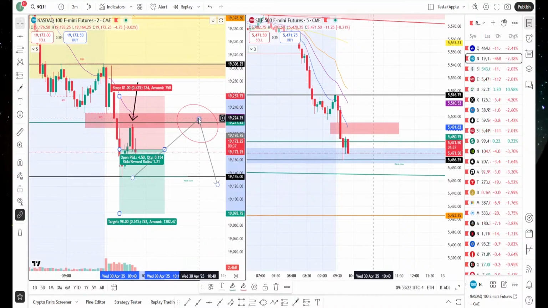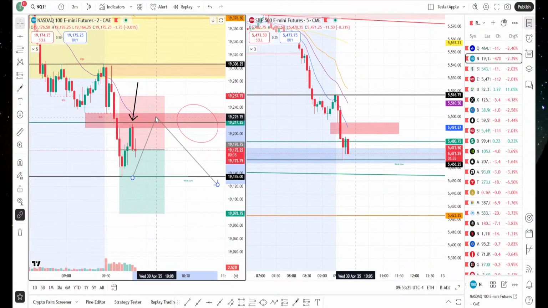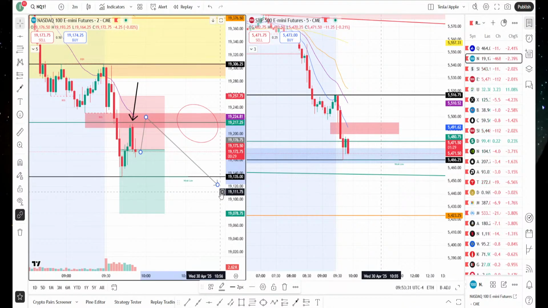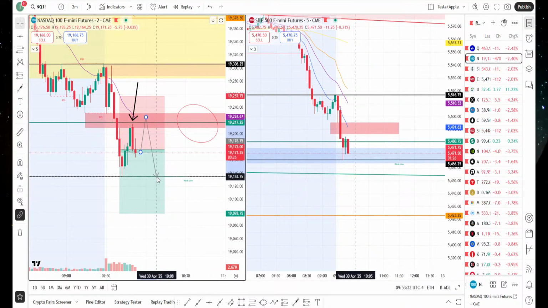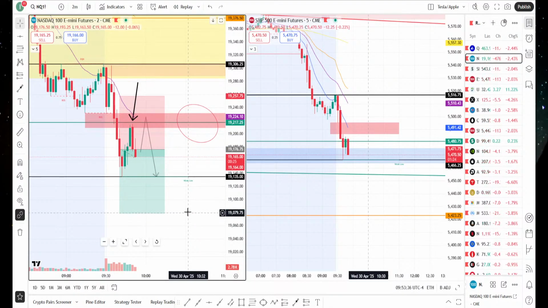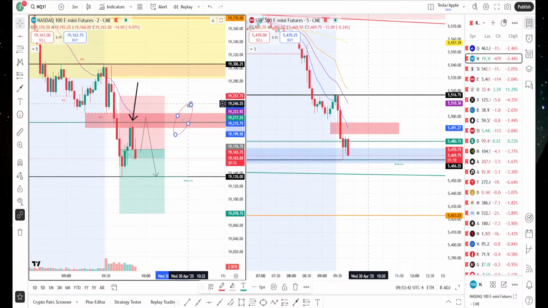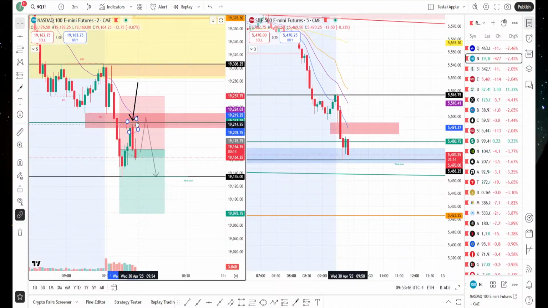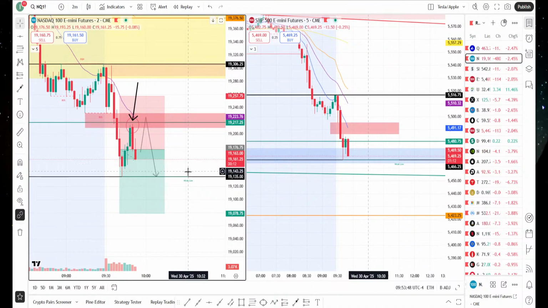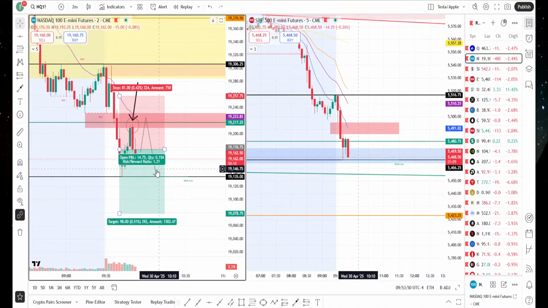Like I said, I think we could go up one more time before we go lower and stop off the traders here, then come down. It's a possibility. But it's working so far. There it is. We were waiting for it before it happened, and there it is. It's coming. It's going down.